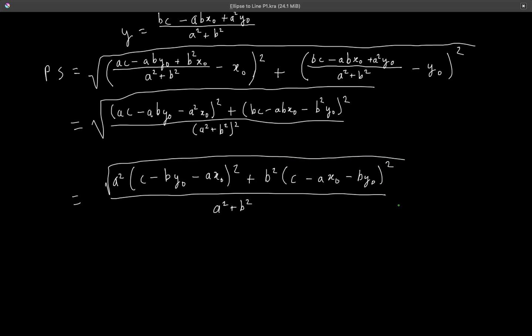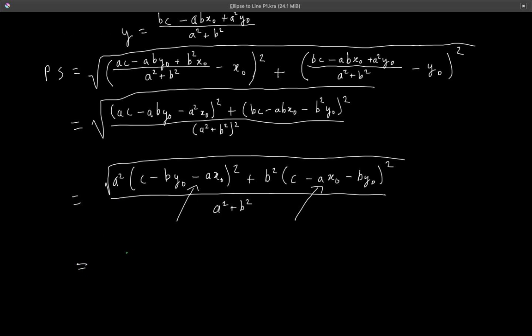Alright, now here's the eureka moment. Notice that both of these terms are equal to each other. We have c minus by0 minus ax0, c minus by0 minus ax0. So that means we can factor this out, and once we take the square root of that, since it's being squared, the entire thing just goes outside. But it is the absolute value of this term, because remember, we're taking the principal root here.